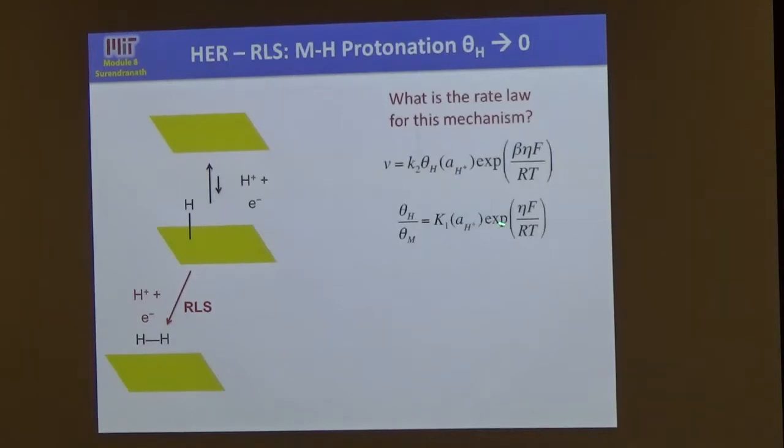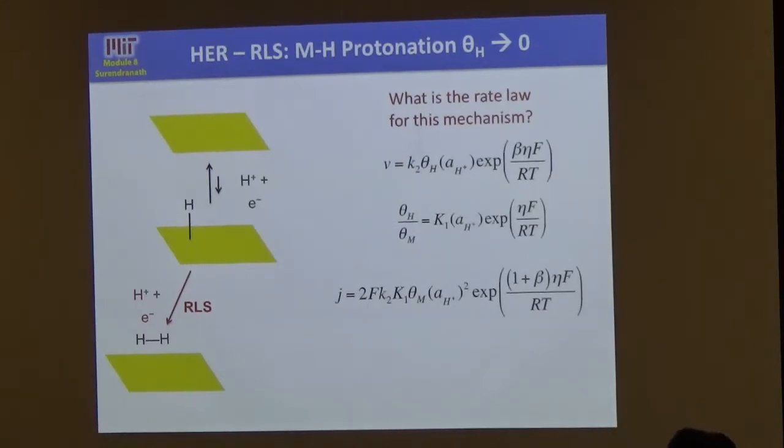In fact, you can come up with this expression by simply appreciating that all we're doing is products over reactants, right? And so products is theta H over reactants. What are the reactants? The reactants are proton, metal, and an exponential term. And so simply by rearranging that, we get this expression. Okay, so if I have this expression, I can plug it into this expression for theta H. And what I get out of here is a combined expression for what my expected behavior would be.